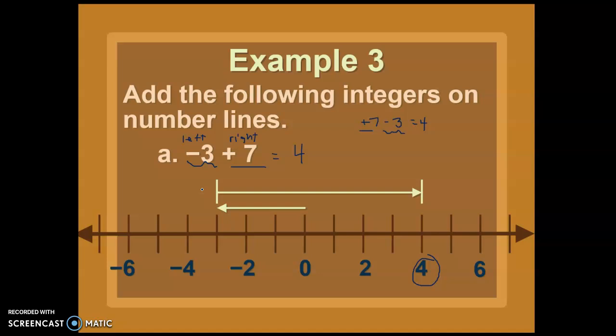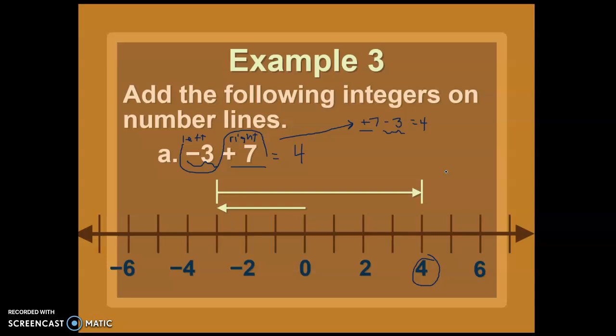So really, I can add my add-ins in any order. I can rewrite that in any order. I could rewrite that as positive 7 minus 3, like I did here, as long as that positive sign stays with the 7 and that negative sign stays with the 3. We keep the sign with the number.